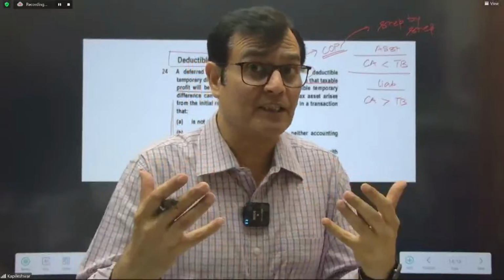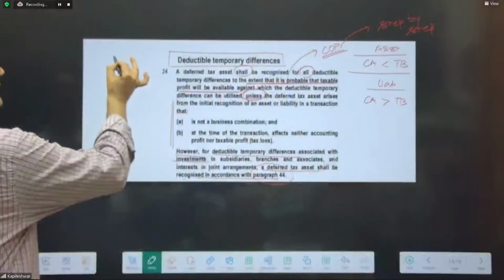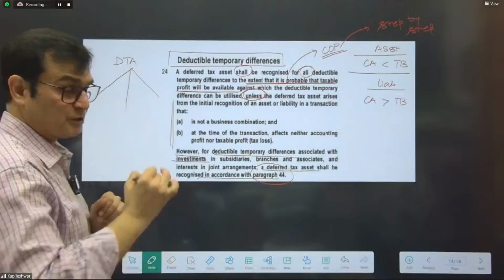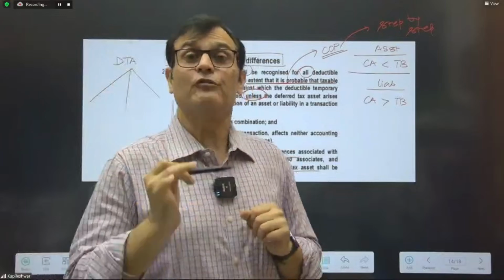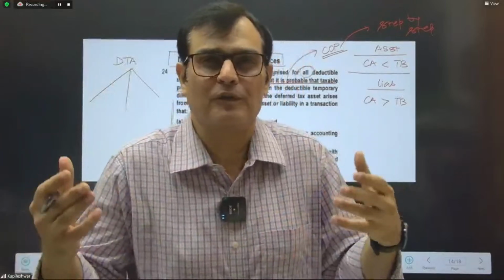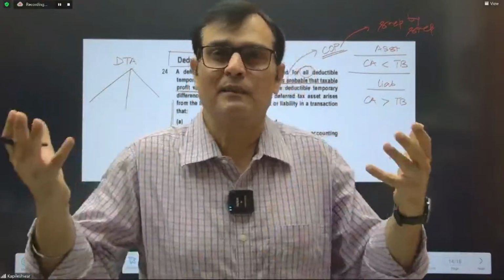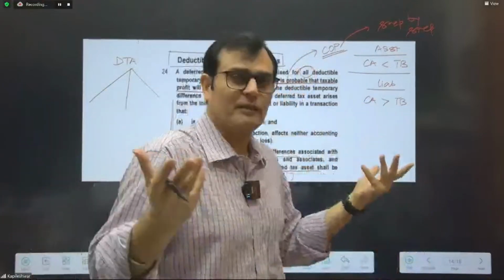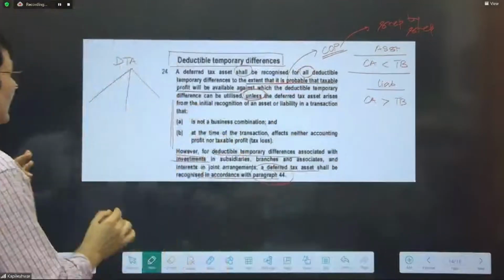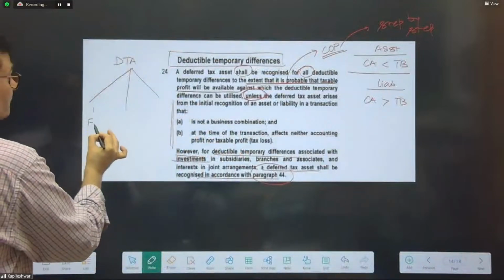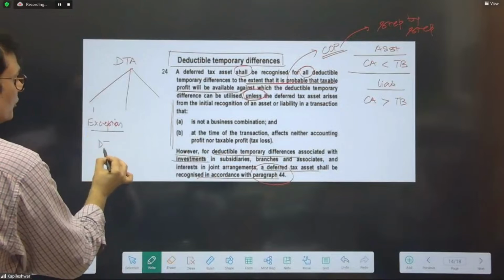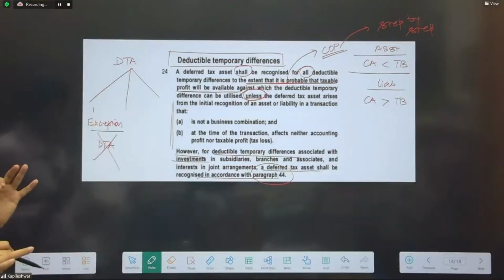So if you technically ask me, I would say in terms of a DTA, there are again 3 categories of questions. You wonder, every time, sir, you create a 3-step model, you keep talking in terms of 3, I mean, that's just chance. So I would say there is one exception where the standard says you are prohibited from creating a DTA.